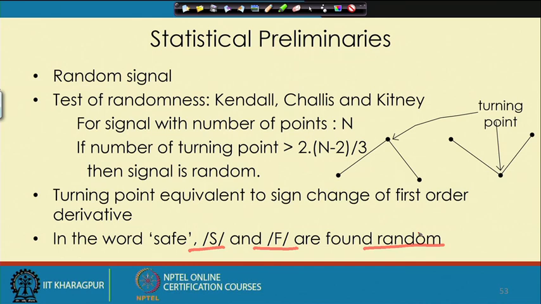In a very simple way, if the signal is smooth, the points are going like this, there is some change in the gradient, but they are not changing the sign. Then for such smooth variation, the signal is away from randomness. If the changes are sharp almost at every point, then the chances are that it is a random signal.